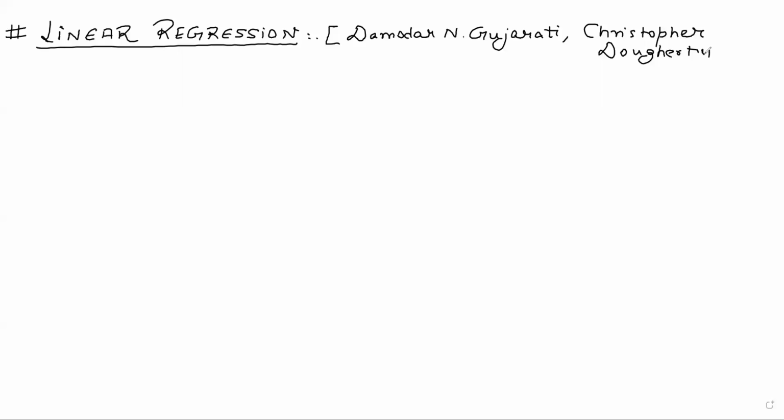So in our entire introductory econometrics course, I will be focusing on these two books for my lectures. Damodar N. Gujarati, I will be focusing on the 4th edition of this book, and Christopher Dougherty we will also be looking at for some of the important proofs.